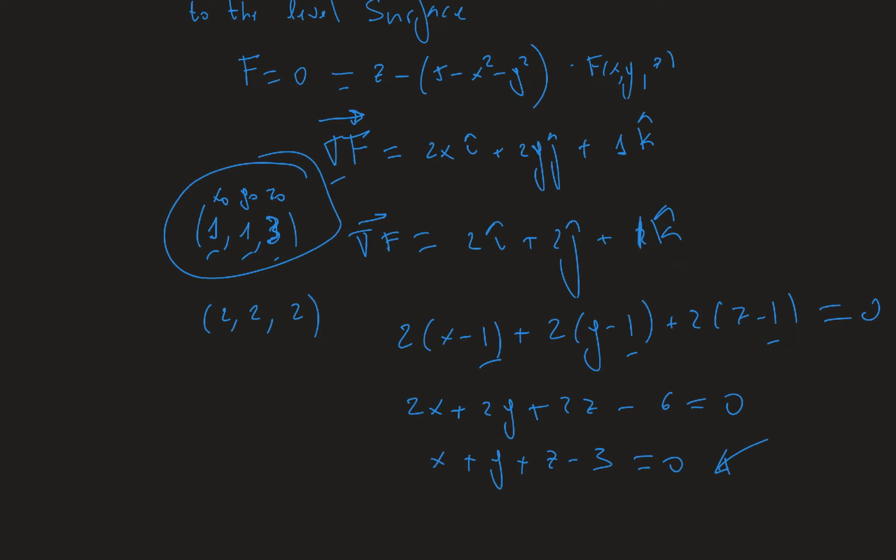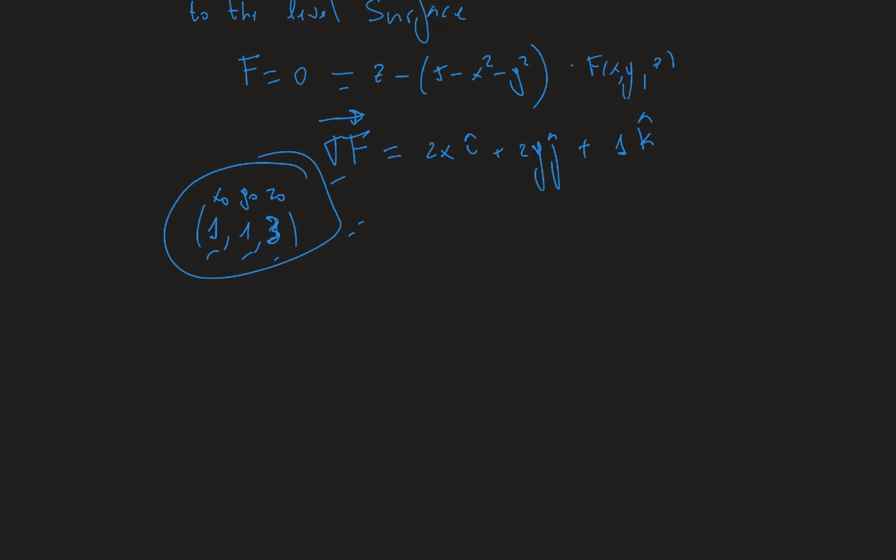I don't know why I put a 2 for the gradient. Let's do it again. So let me erase. The point is 1, 1, 3, because it's the point that belongs to the surface.